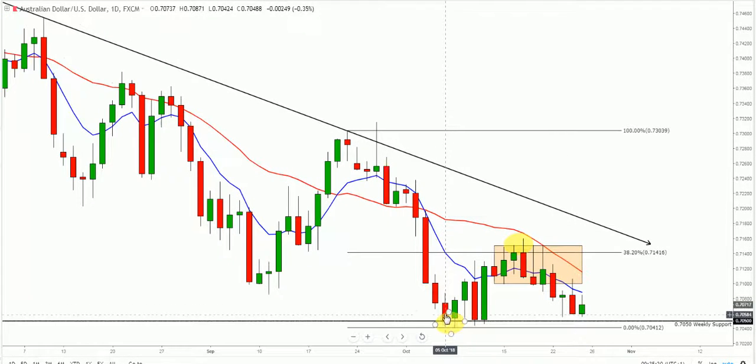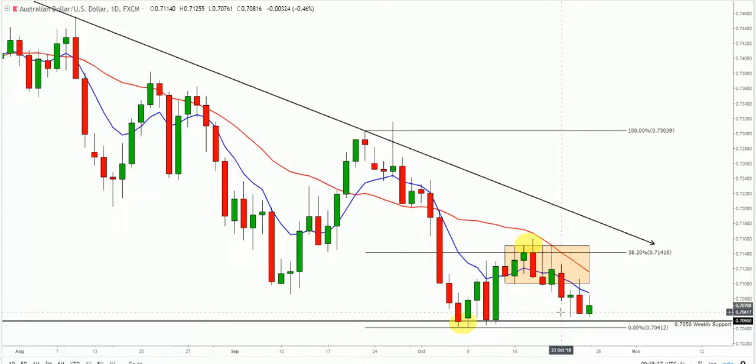Again, we've got 1, 2, 3, 4, 5 rejections of this support level over here, a sixth over here, and again yesterday failed to come quite as low as Tuesday's candle.